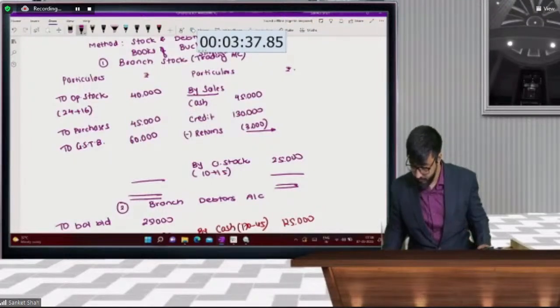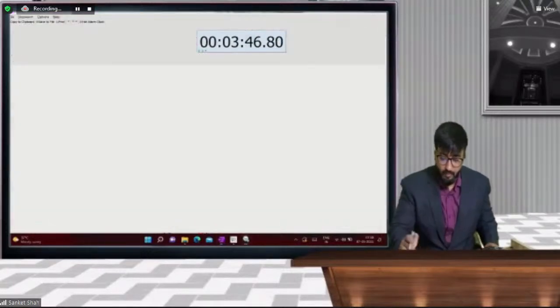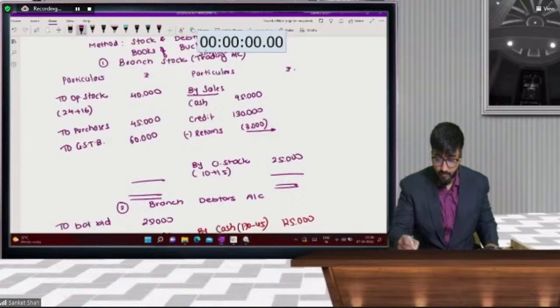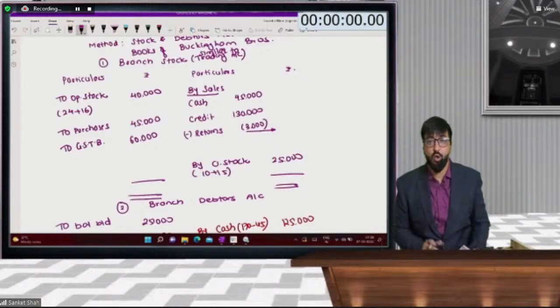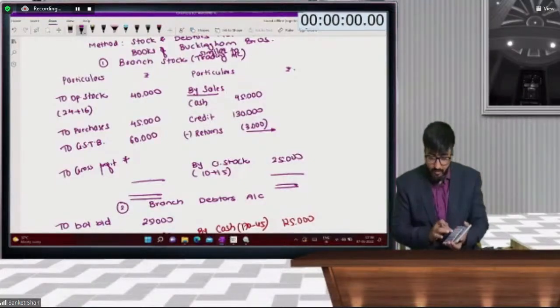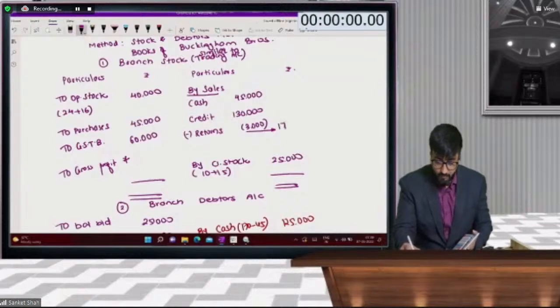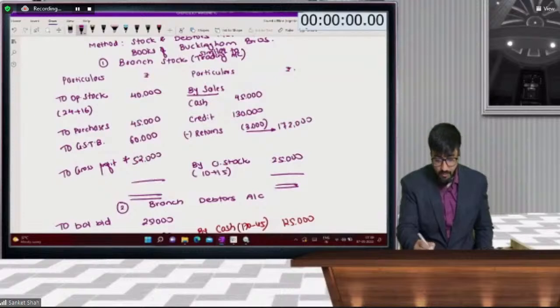Okay. Chaliye, so now we'll do it. First one is the stock account. Now the stock account will show gross profit: 45 plus 130 minus 3, 1,72,000 plus 25, 52,000.